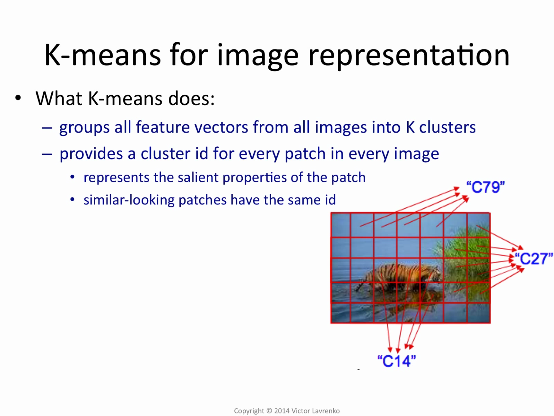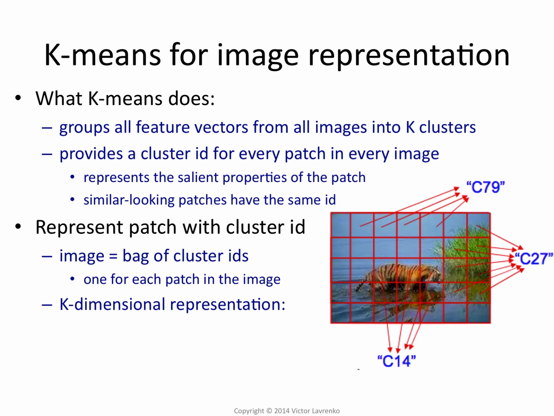So now you're back to one specific image. It had a bunch of different patches. You look at which clusters those patches landed in. So the bluish patches, maybe they land in C79. The greenish, they land in C27. The tigery patches, they land in C14. So what you can do then is represent the entire bitmap using a bag of cluster labels.